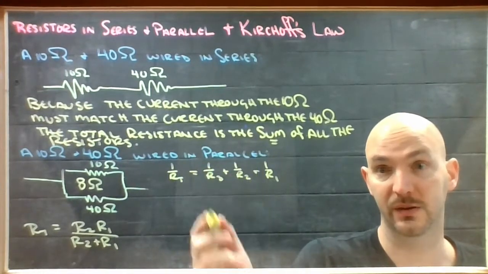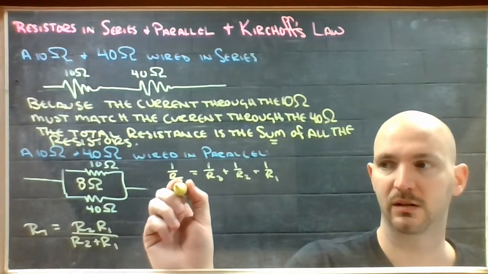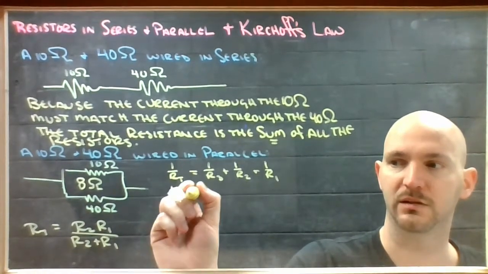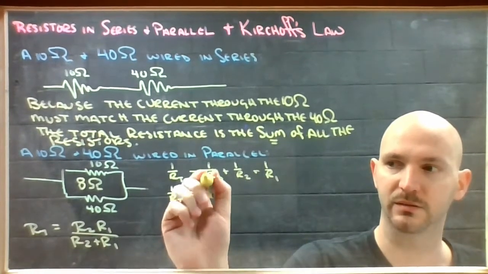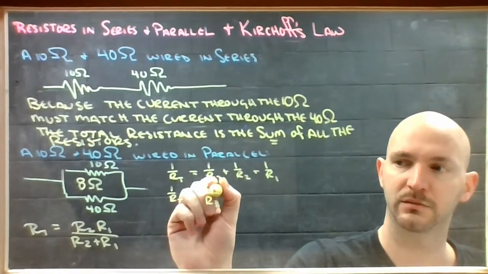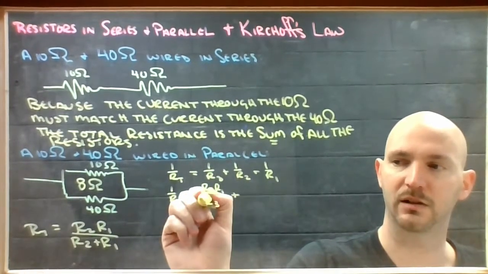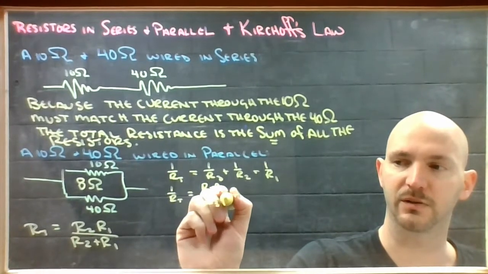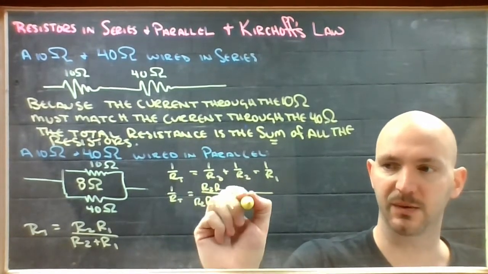So if I try and do this for an R3, 1 over RT, this thing needs an R2 and an R1. This thing needs an R, sorry, I gotta put them in there, R2, R1. This thing already has the R2, it needs the R3 and the R1.